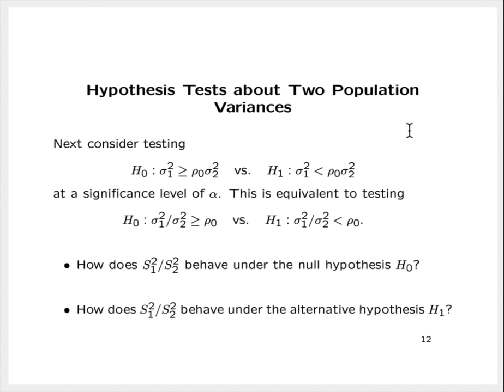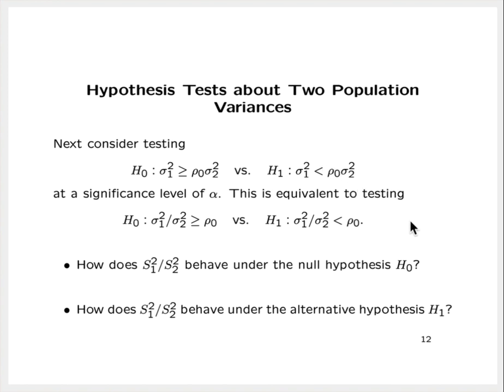Now let's consider the next test we'll look at. The null hypothesis is that the variance of population 1 is greater than or equal to some hypothesized value rho sub 0 times the variance of population 2, against the alternative that sigma 1 squared is less than that quantity.